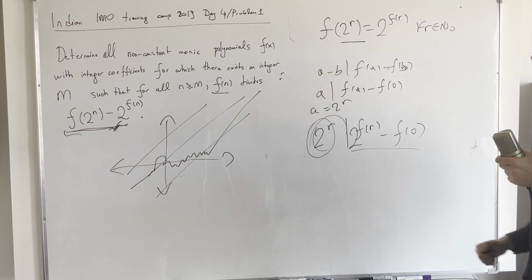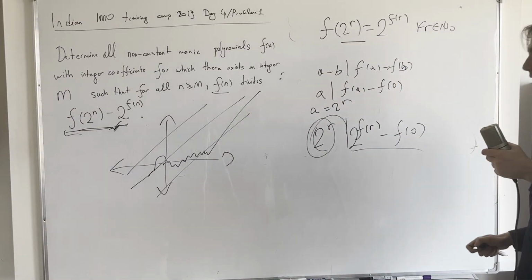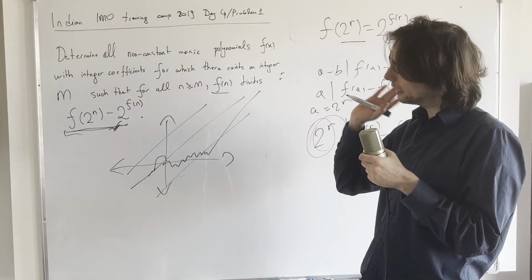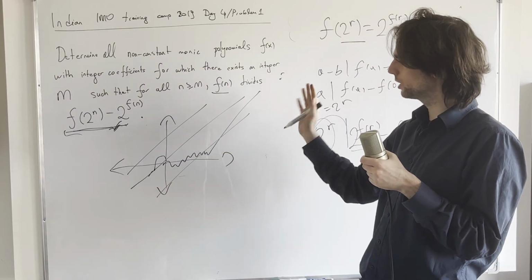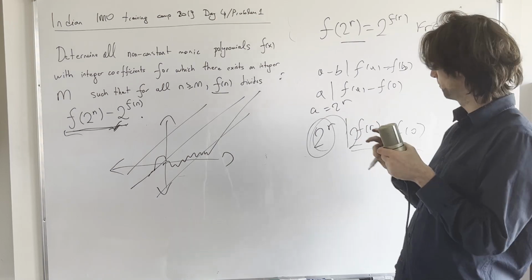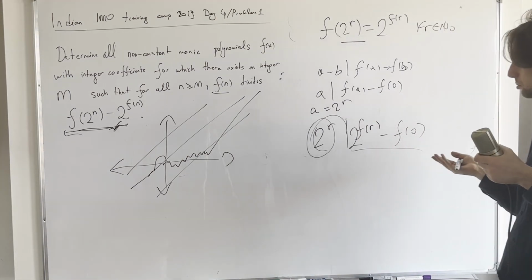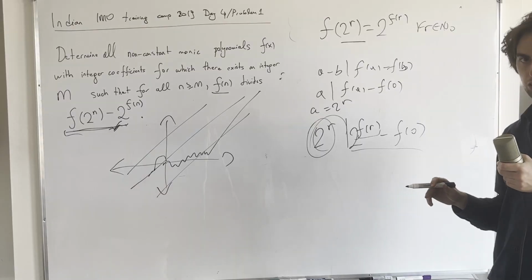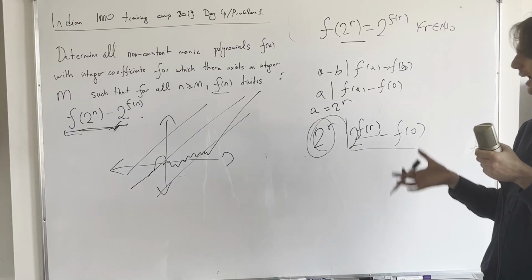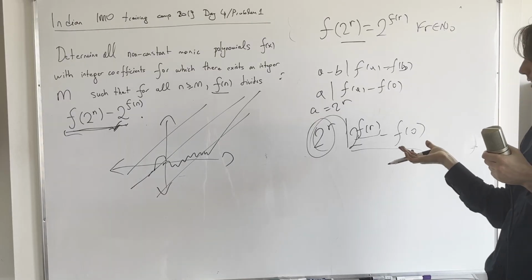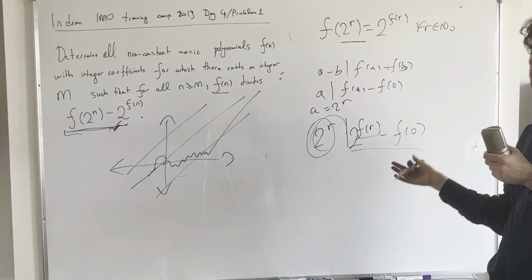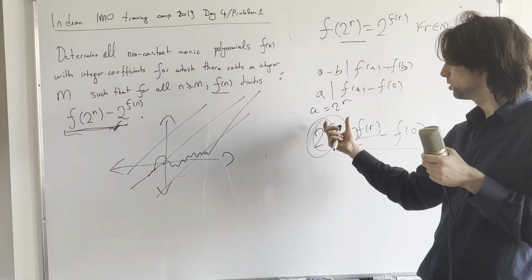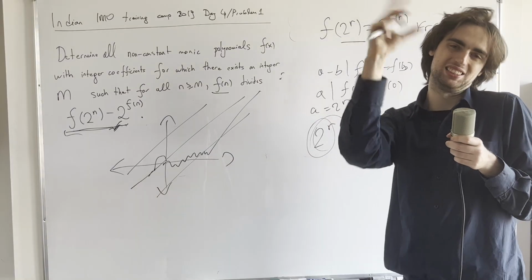Now, this is how our polynomial looks. Unless it's a linear one, we might need to look at some things. But generally speaking, we should be able to get this f of r to be as big as we want. And even if it's linear, we can get this to be r minus some constant, right?